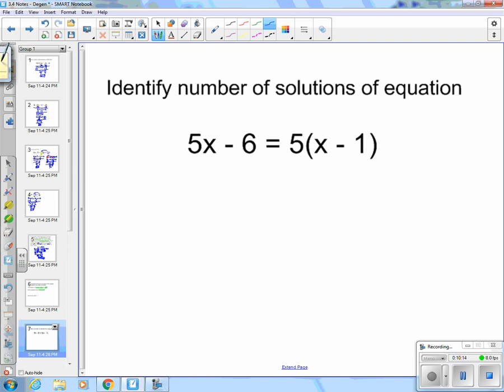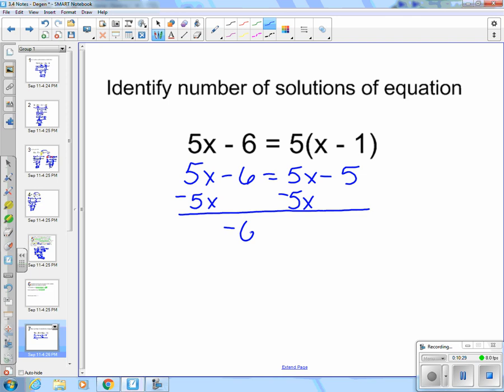We have an equation 5x minus 6 equals 5 times the quantity x minus 1. When we start solving this by getting rid of the grouping symbols, we know that we're going to subtract 5x on both sides. That leaves us with negative 6 equals negative 5. True or false statement? I'm hoping that you are thinking that this is a false statement.